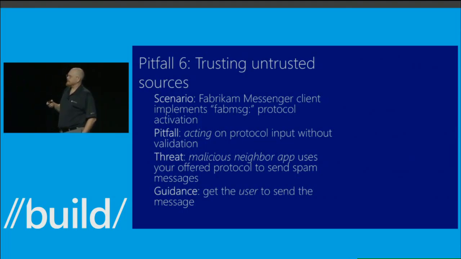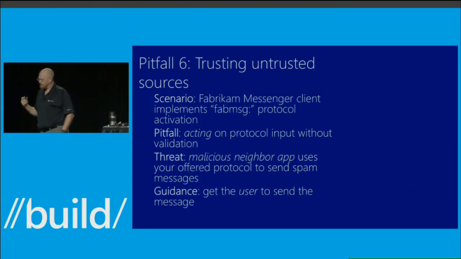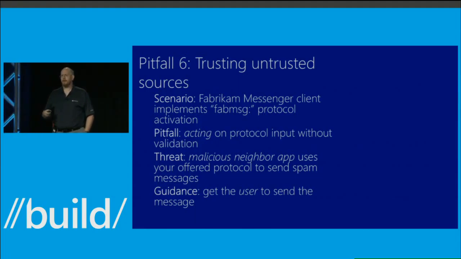So the guidance here is get the user in the loop so that the protocol is invoked, the messaging app comes up and says, hey, user, do you want to send this? But of course, it's well known that mother may I prompts of, should I do this thing you just told me to do, really annoy the users. But there's a way around that.